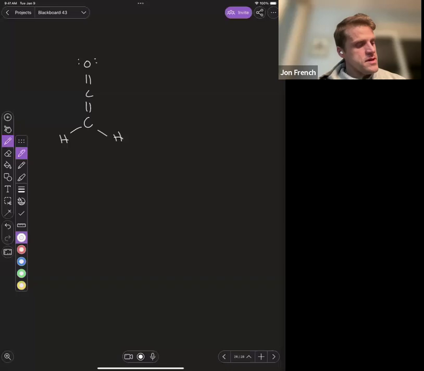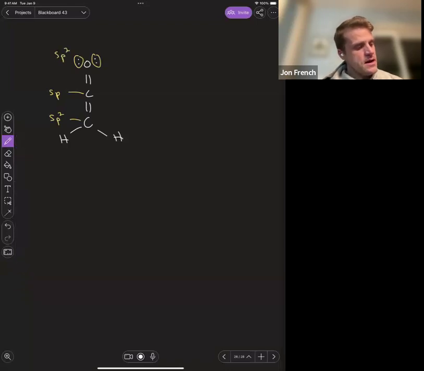So to figure out the orbitals that are used in this structure, we need to figure out the hybridization of each of these. This carbon has 3 domains, so that's sp2 hybridized. This carbon has 2 domains, sp hybridized. This oxygen has 3 domains, and so that makes it sp2 hybridized.